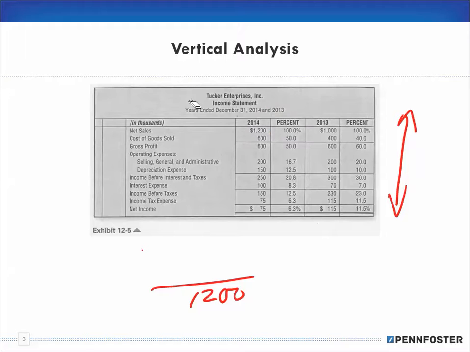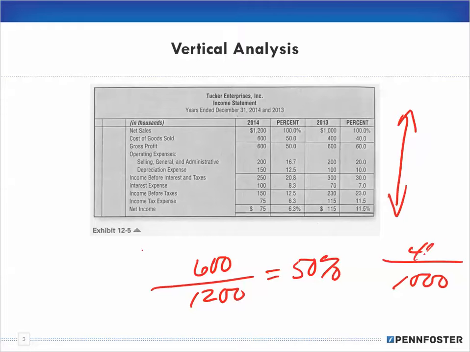then I can say, okay, what percentage is my cost of goods sold as a percentage of my net sales, right? In this case here, cost of goods sold is 600, which means I have 50%. When the base is 1,000 for 2013, and 400 is my cost of goods sold, that percentage is 40%, okay?